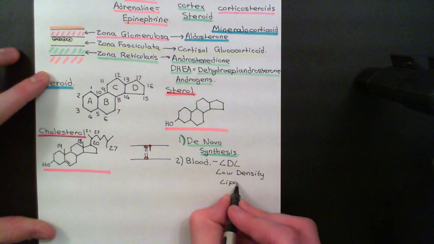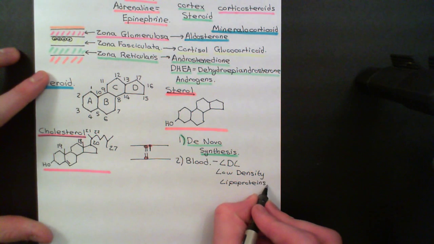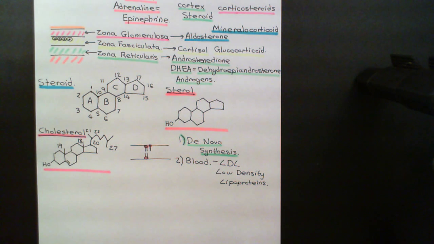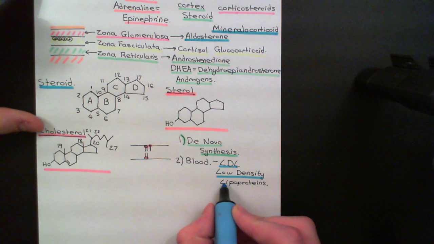So in the blood you have lots of these particles, little balls carrying cholesterol around, which is a means by which you can carry cholesterol around the blood even though it's incredibly insoluble in water.